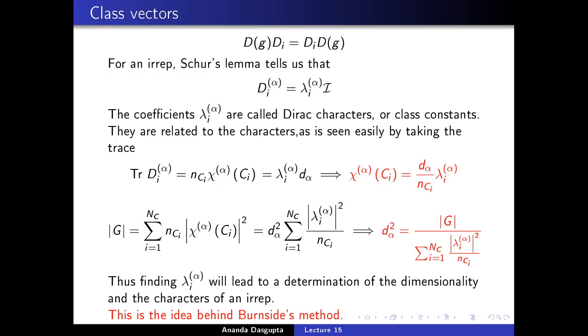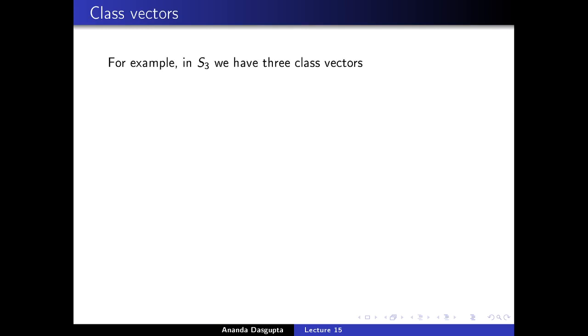And what other example can we talk about rather than our old friend, the group S3. As I've already said, S3 has 3 class vectors, and they are C1 vector equals E, C2 vector equals D plus F, C3 vector equals A plus B plus C.